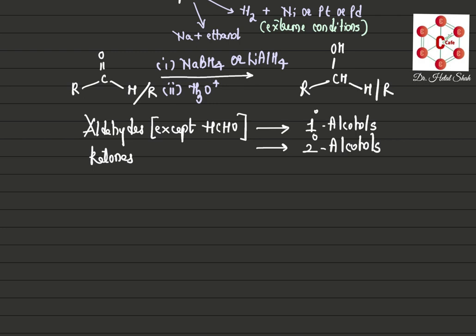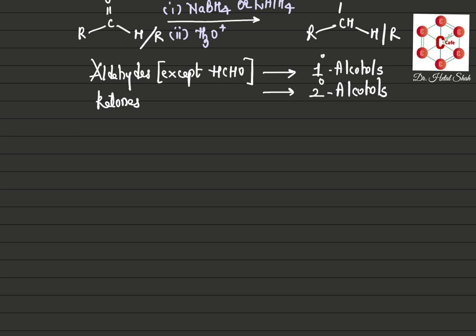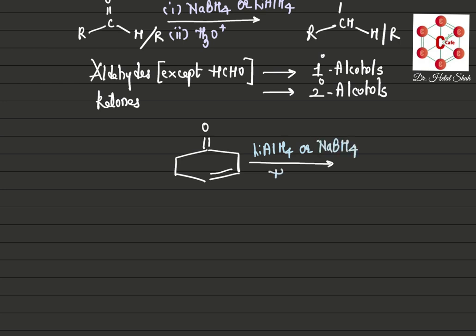In fact, I can give you a very simple comparison between the other reducing agents. For example, let us talk about something like this with a pi bond. Now, if I use LiAlH4 or NaBH4 and H plus, this is a ketone.